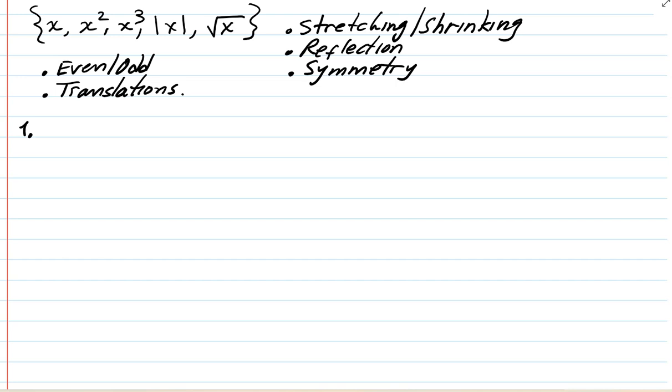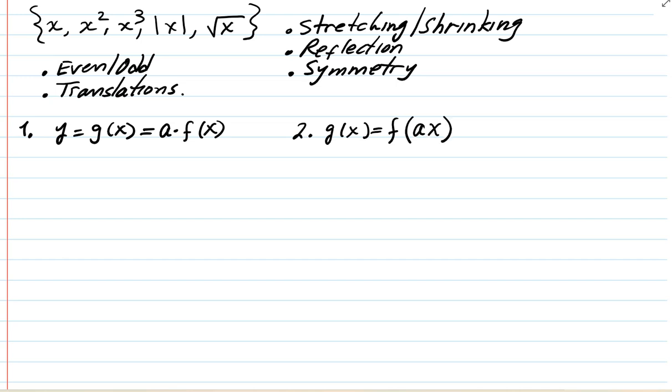For instance, suppose I have y equal g of x, and this g of x is related to the original function by multiplying f of x by a. That's one effect we're going to look at. The other effect is when g of x is some form of the basic function, this time f of a times x within parentheses.